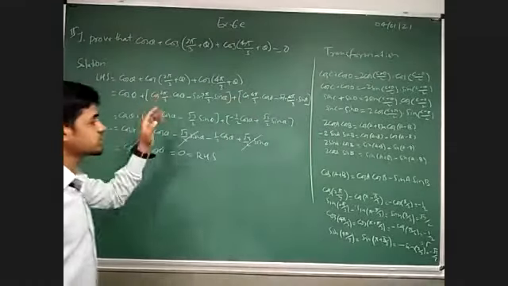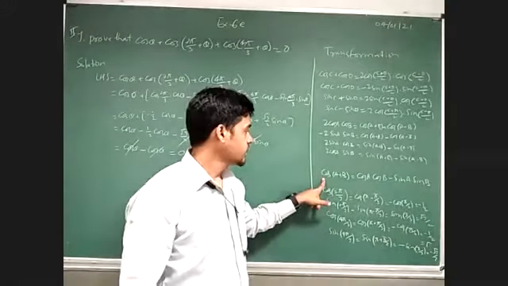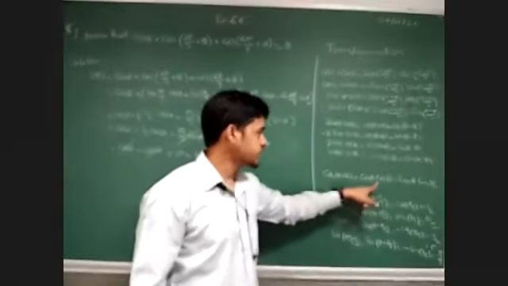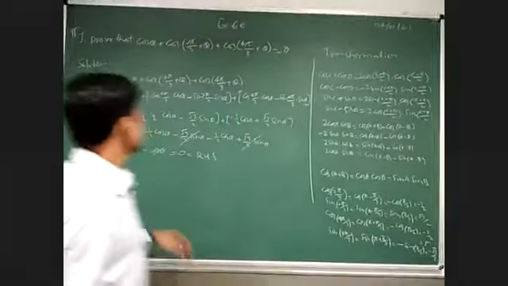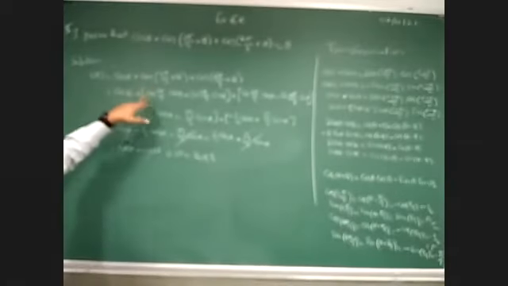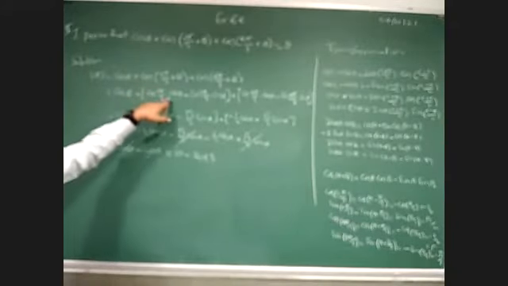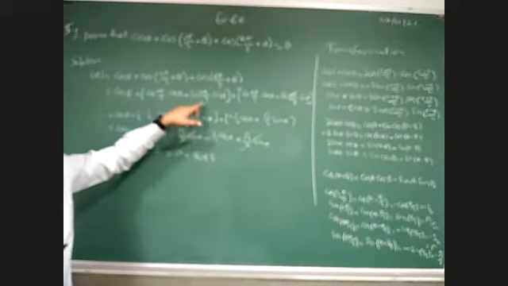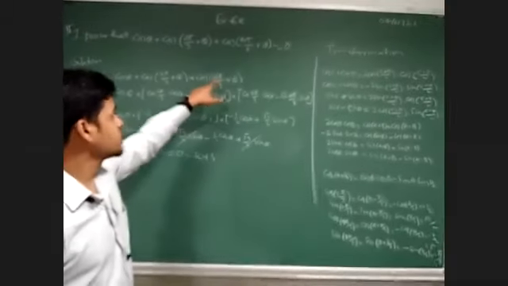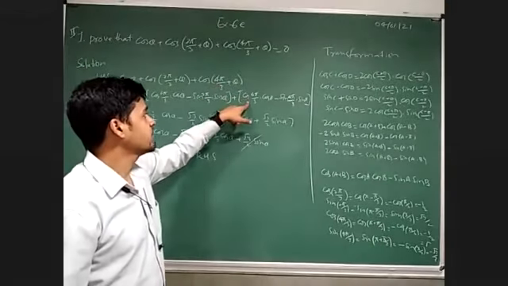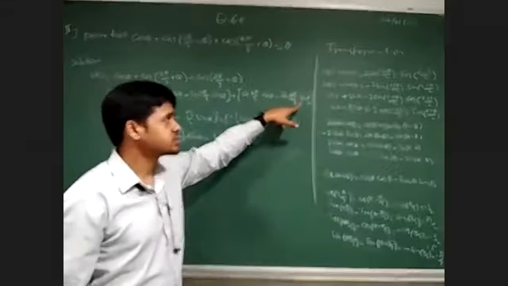I used the cos(A plus B) formula, which is cos A into cos B minus sin A into sin B. So according to the formula, it will be cos 2 pi by 3 into cos theta minus sin 2 pi by 3 into sin theta. Again apply the cos(A plus B) formula here, so you will have cos 4 pi by 3 into cos theta minus sin 4 pi by 3 into sin theta.